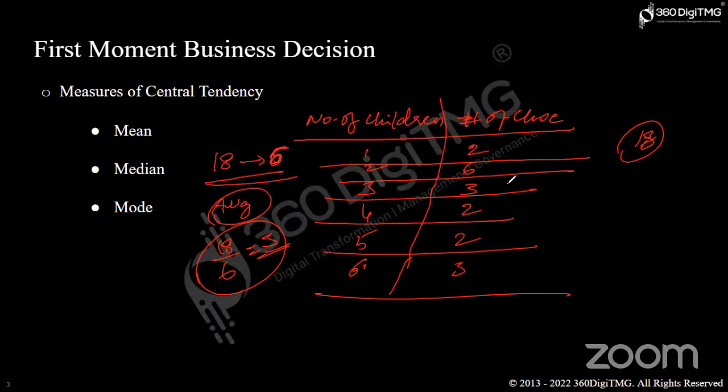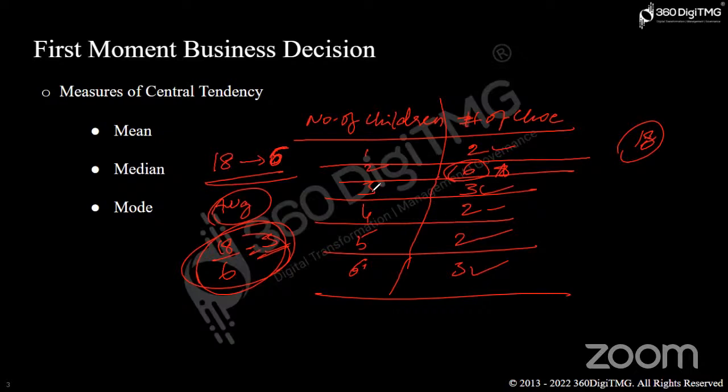But here they are getting 2, here 2, here 2, whereas the second child is getting more. So this is how we calculate the mean value. There is a distribution error, it is not equally distributed.